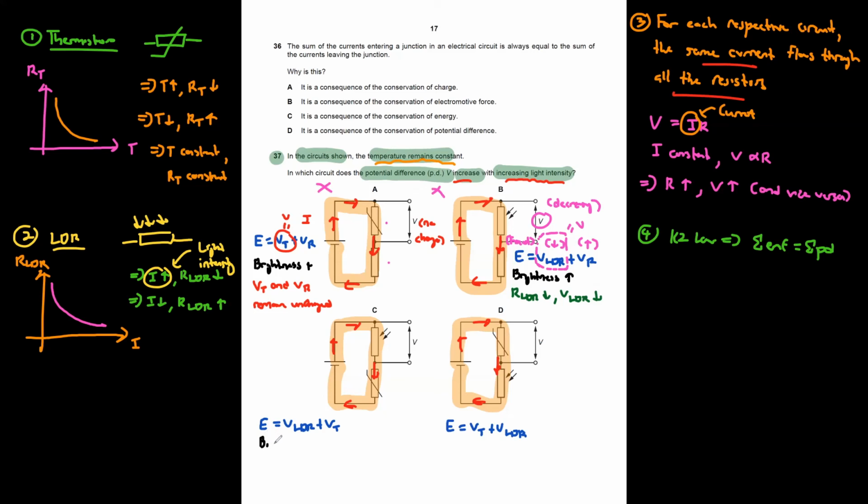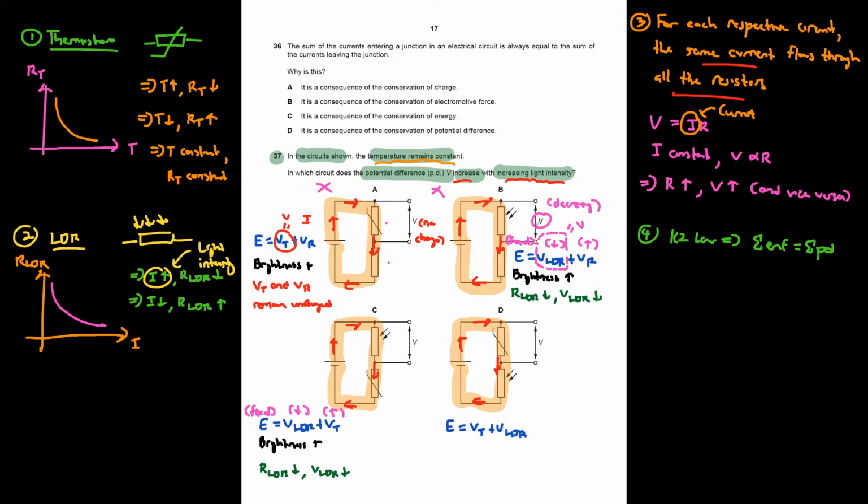What happens when your brightness increases? Same thing as before: when brightness increases, the resistance of my LDR would drop such that the voltage across my LDR would drop. So same thing, EMF E remains fixed, voltage across LDR drops, but voltage across my thermistor would increase.